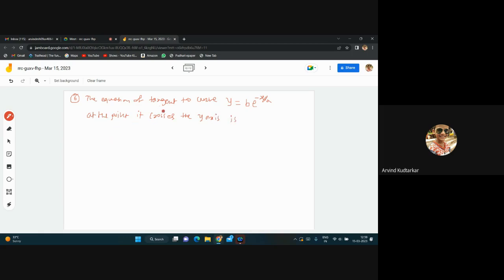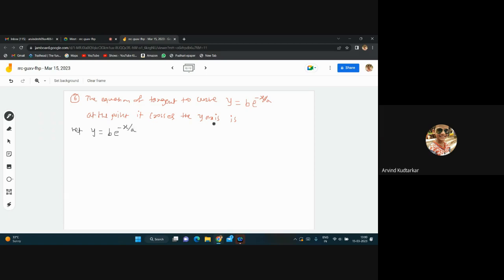So to find the equation of the tangent to this curve at the point where it crosses the y axis, that means it intersects the y axis. At which point? You know the equation of the curve: y is equal to b into e raised to minus x upon a.